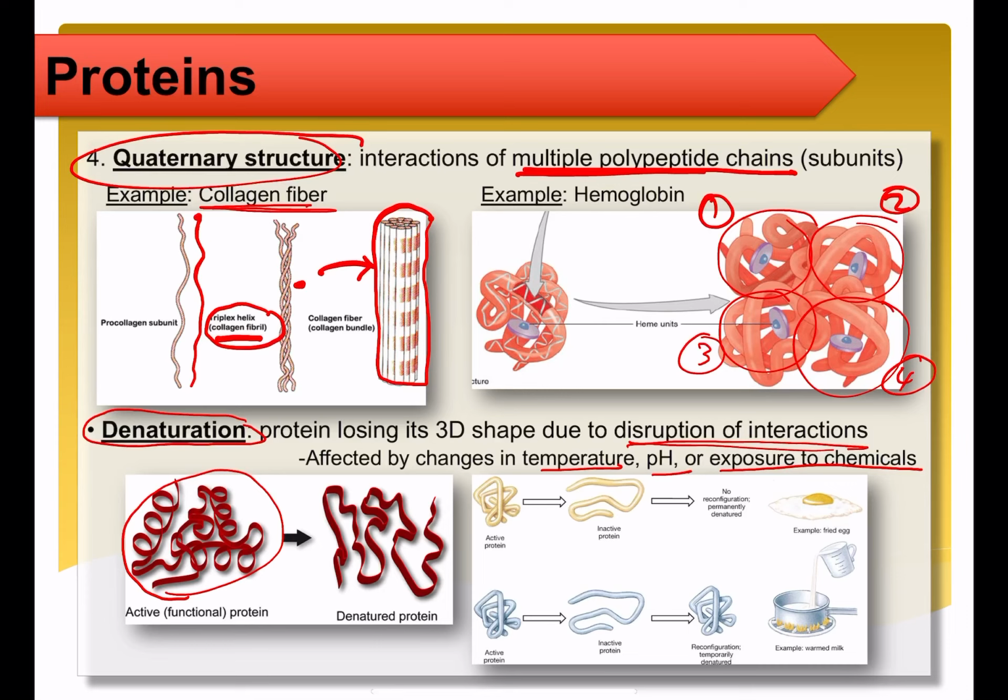Okay? And sometimes with some proteins, once they become denatured, there's no going back. Once the egg is cooked to that white color, there's no way we can turn that back into a clear color. Okay, so some denaturation of a protein is permanent, while other proteins can, after denaturation, be formed right back into their original active form.